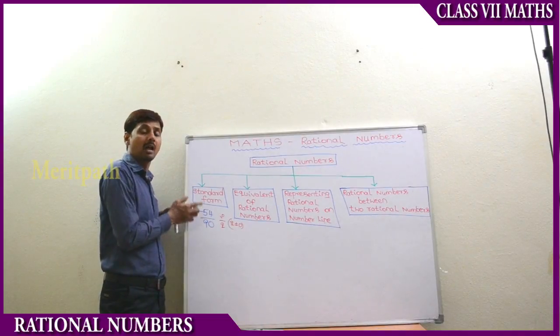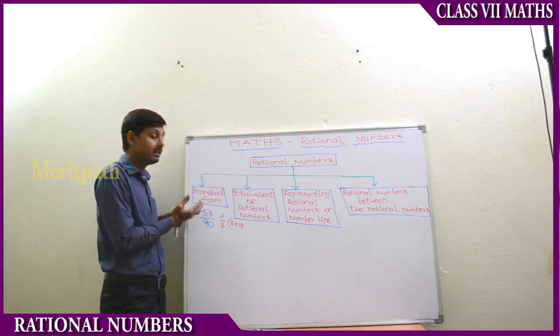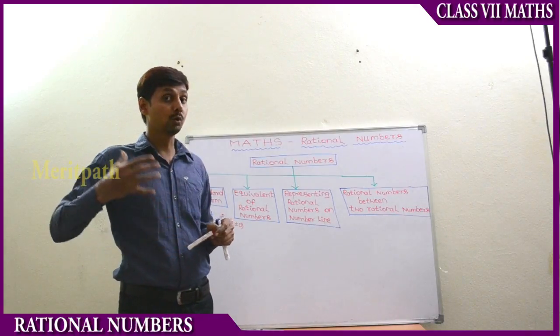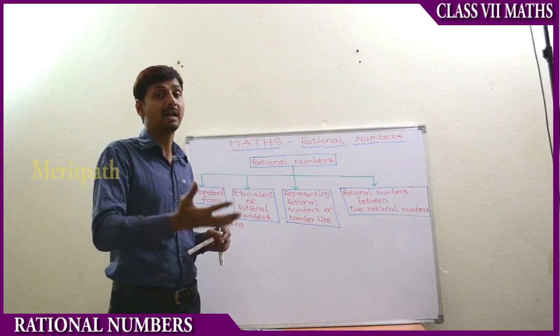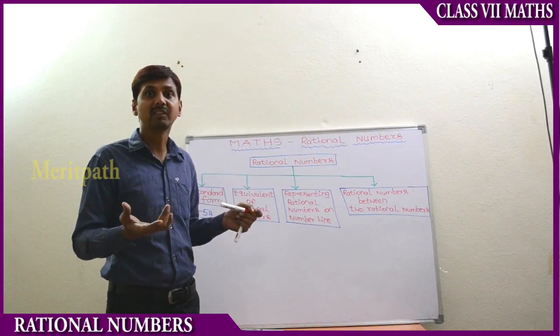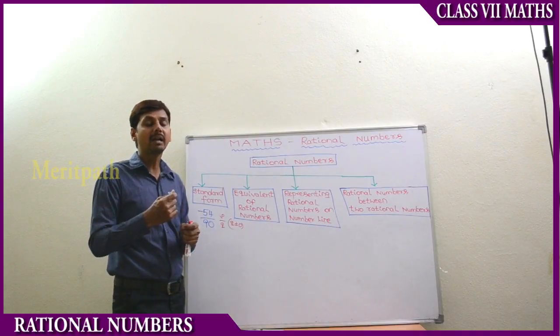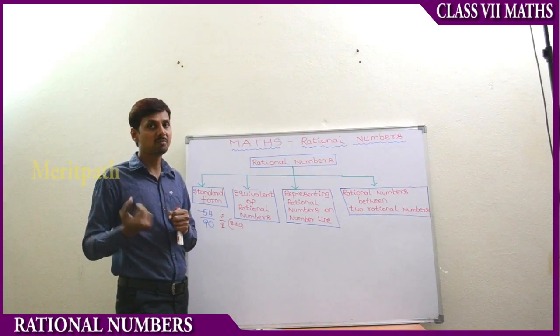If both the numerator and the denominator have negative signs, we simplify them: minus divided by minus gives plus, and we write it in the form of plus.